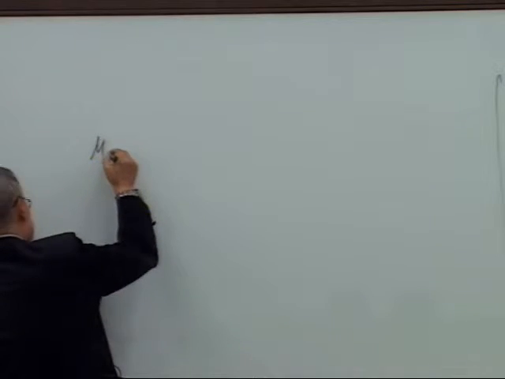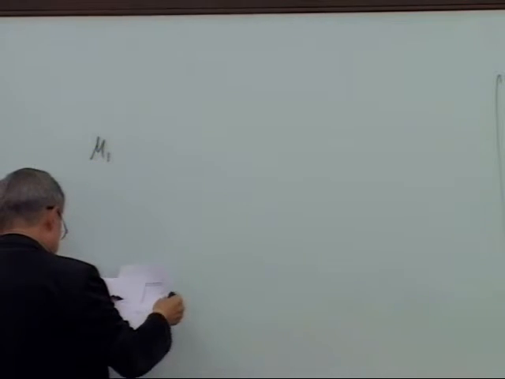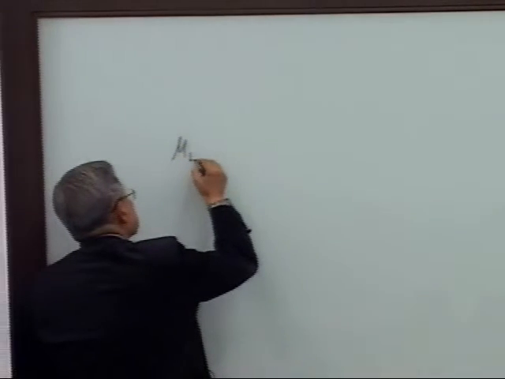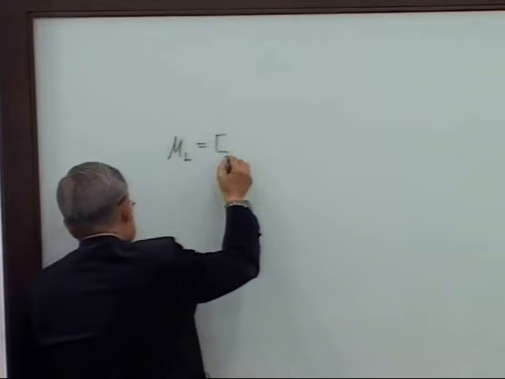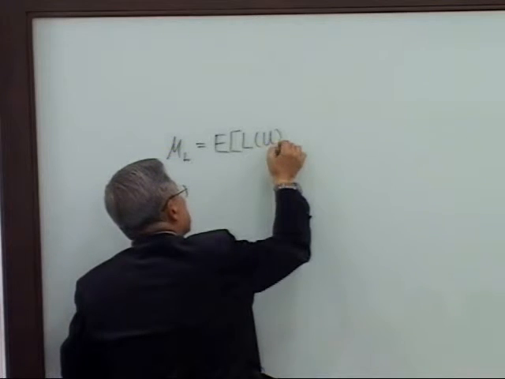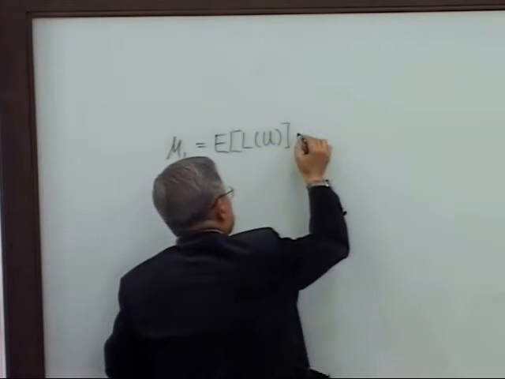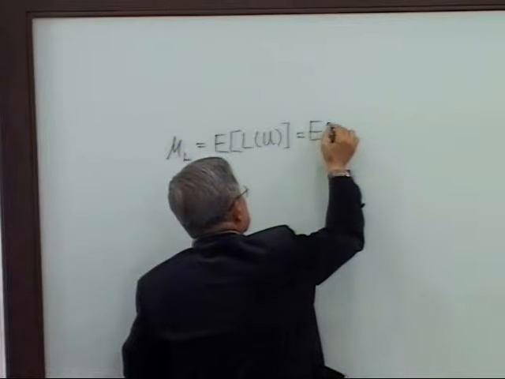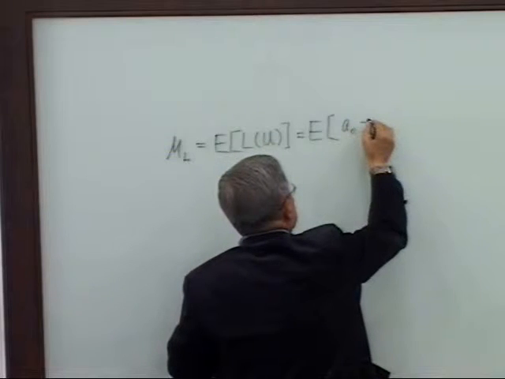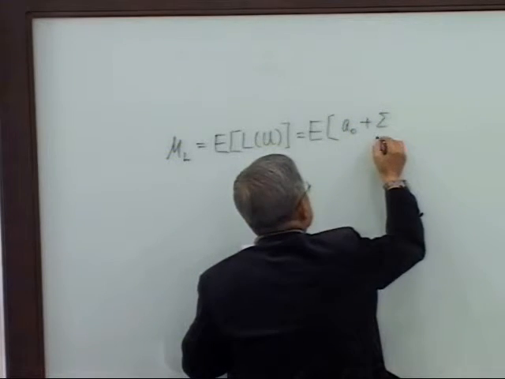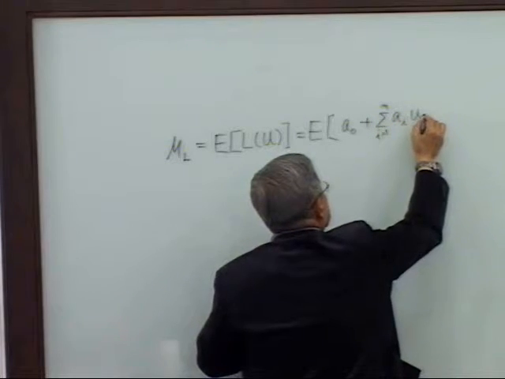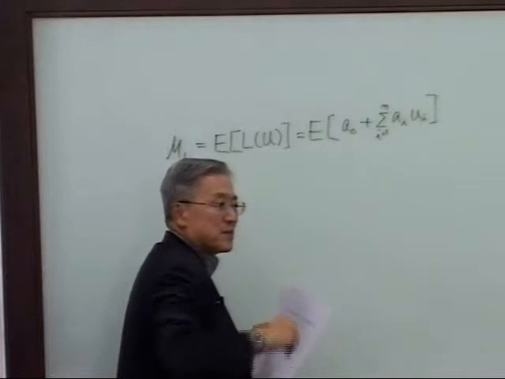So mean of L, if you take E times A naught, two terms of course, Ai Ui mean.